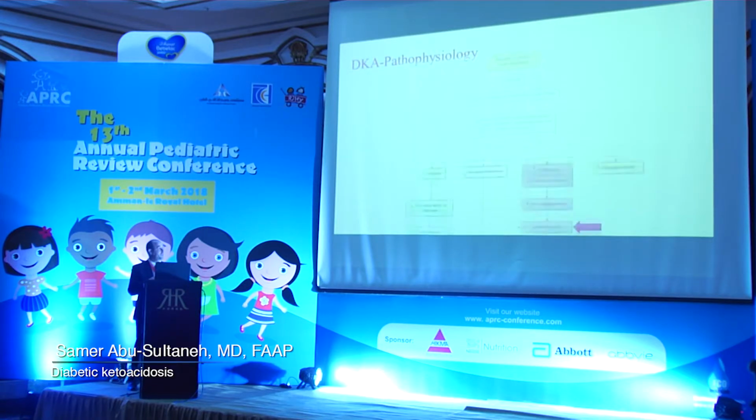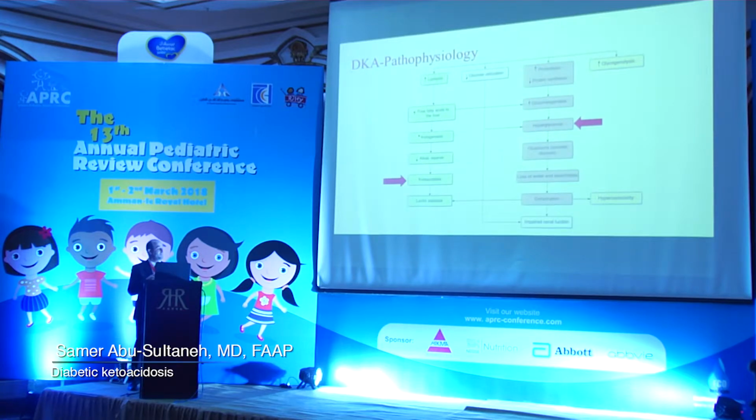This can lead to lipolysis, which can produce your keto acids. The glucose uptake will be reduced, so you have hyperglycemia, and again, from proteinolysis, you can have hyperglycemia. Then the glucose will go in the urine, and it will drag with it the sodium, the other electrolytes, and the water too, causing dehydration.